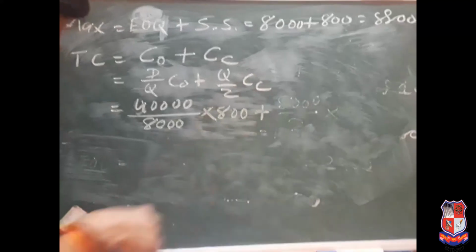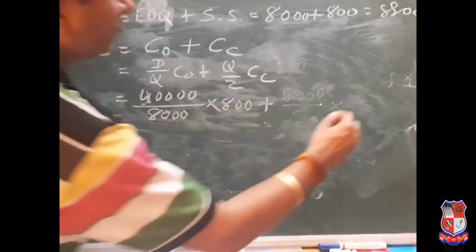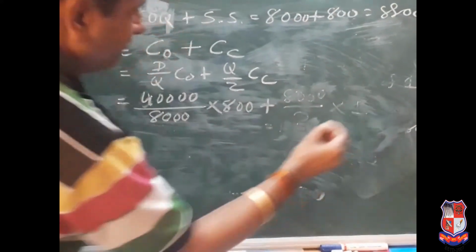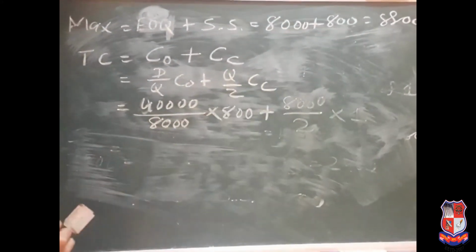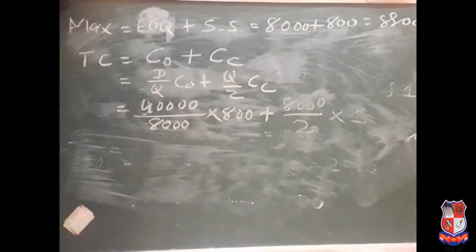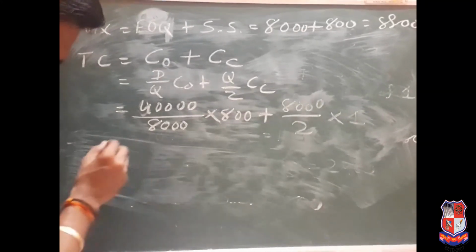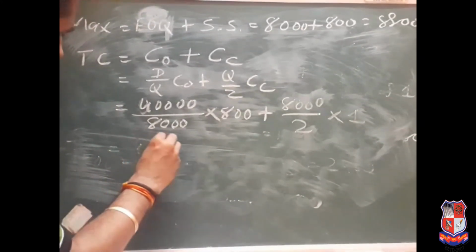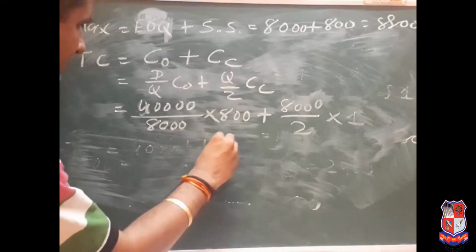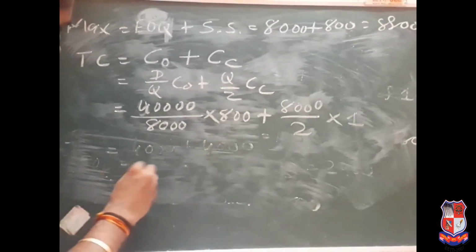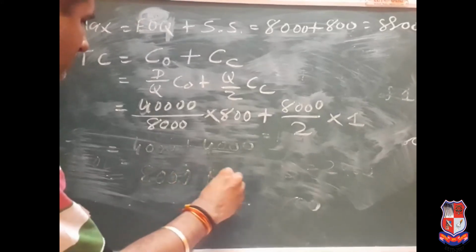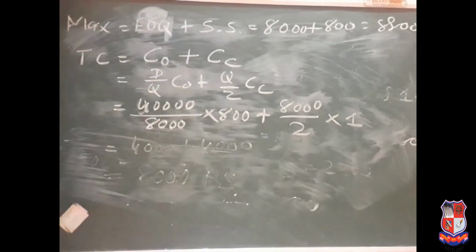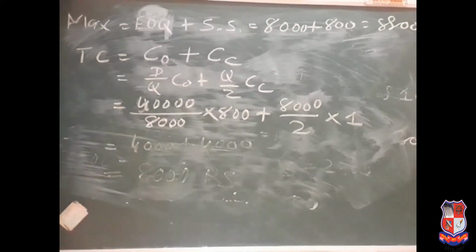Your carrying cost is 1 rupee. Now if you simplify all this data, you will get the total cost, which is nothing but 4,000 plus 4,000 is equal to 8,000 rupees. So this is your total cost.